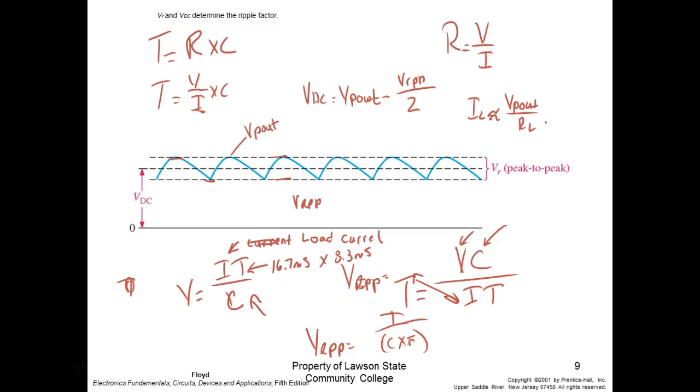If I know the size of the capacitor, I know the current. I know it's a half wave, so if it's a full wave, I would use 120. If it's a half wave, I would use what? 60. Now I don't have to remember 8.3 milliseconds. I don't have to remember 16.6 or 16.7 milliseconds, right? You understand that? So for a half wave, the pulsating frequency of that ripple is going to be the same as the input frequency. For a full wave, it's going to be what? Double.